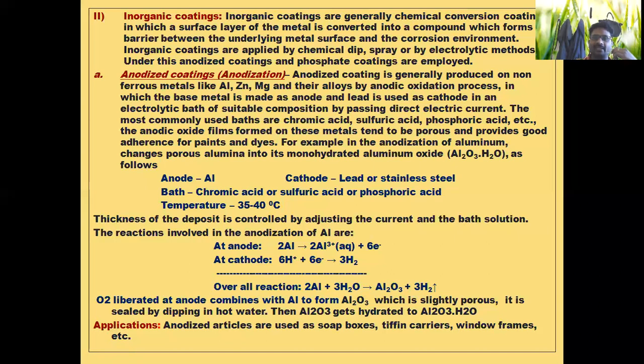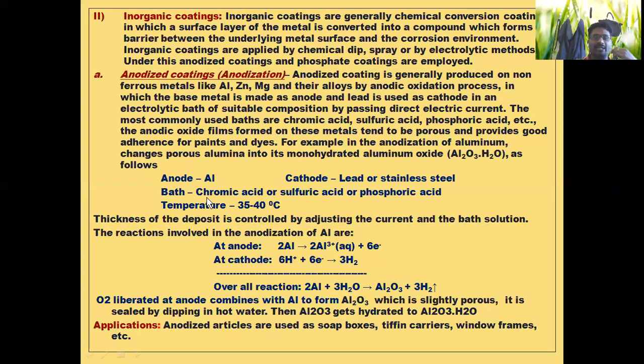So for example, in the anodization of aluminum, one of the outer layers of aluminum is converted into monohydrated aluminum oxide. Hence, the aluminum will be protected. Under this process, aluminum is taken as anode, and lead is taken as cathode, or stainless steel can be taken as cathode.